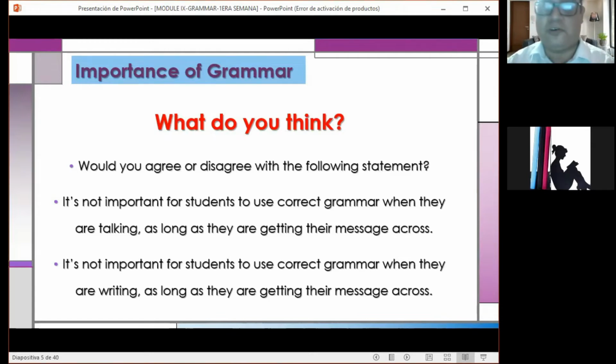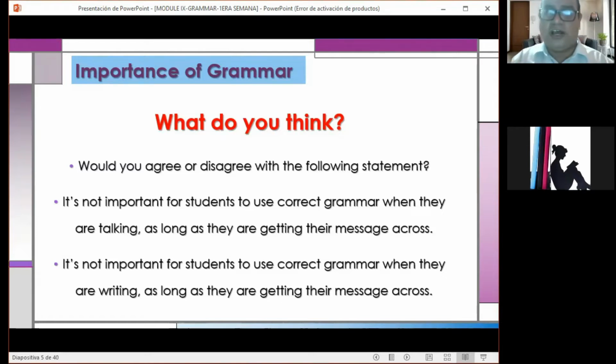So as I told you before, it's generally supposed that when we talk, the use of grammar is not so important if you are understood. But when we write, remember the differences between these two skills.